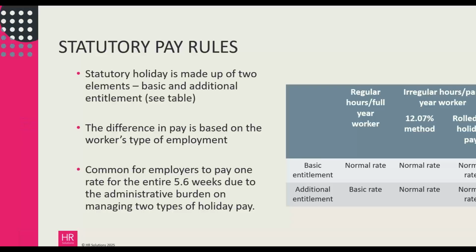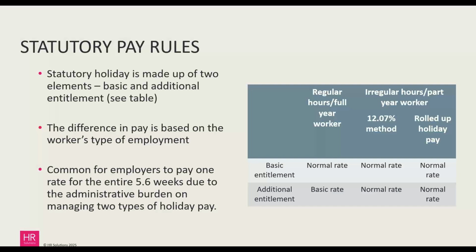So if you remember, I explained there's two pots of holiday for those who work regular hours part-time and all year round. Those who work irregular hours part year just have one pot. This table illustrates what the law tells us from a statutory position, and it depends on the employment status.